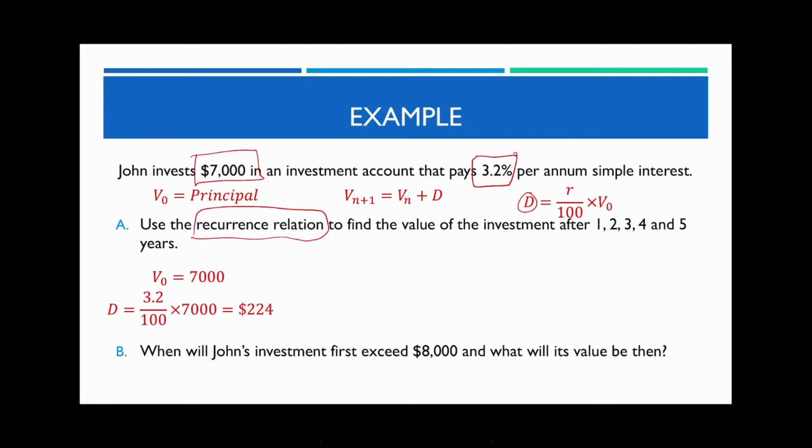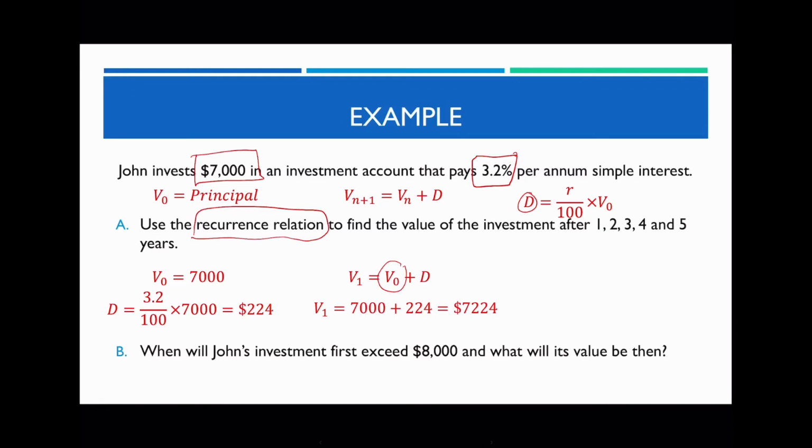Now, the question wants you to find the final account balance after 1, 2, 3, 4, 5 years using this recursive relation. All we're going to be doing is constantly adding the simple interest to obtain our final balances. To calculate V1, you need the value of your initial value plus your interest, so V1 is equal to 7,000 plus 224.